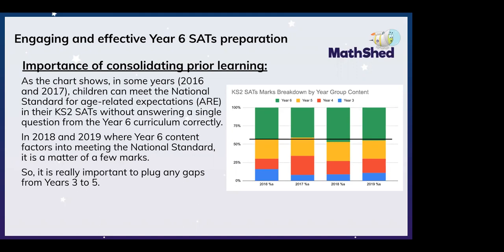As long as you've really covered those three younger year groups of Key Stage 2 well, you're in a good place to help them get to age-related expectations from them scoring points just on the Year 3, 4 and 5 content in the papers for the maths SAT.